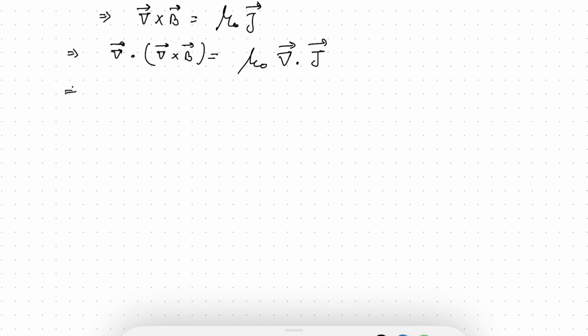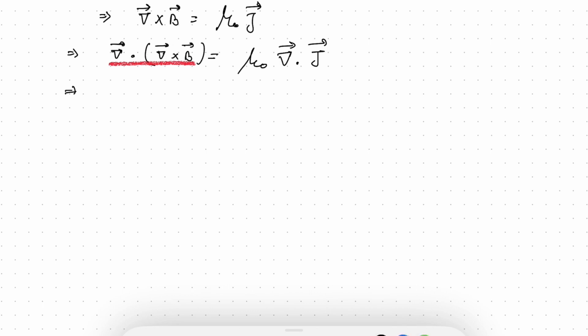Now here you see this term will be equal to 0. This is a vector property, a mathematical rule: divergence of a curl of a vector is 0, right? So this term will be equal to 0.